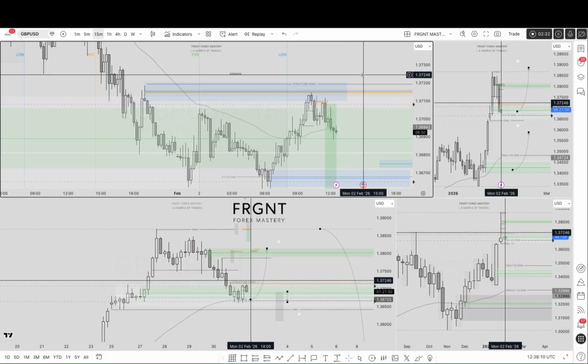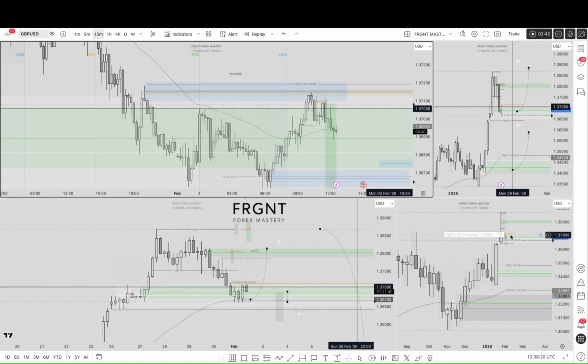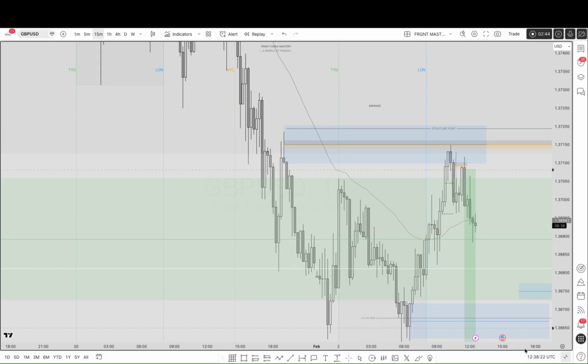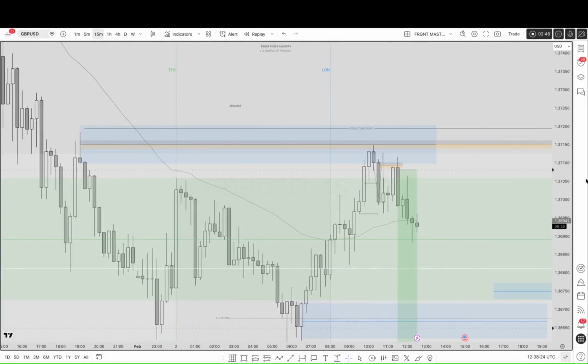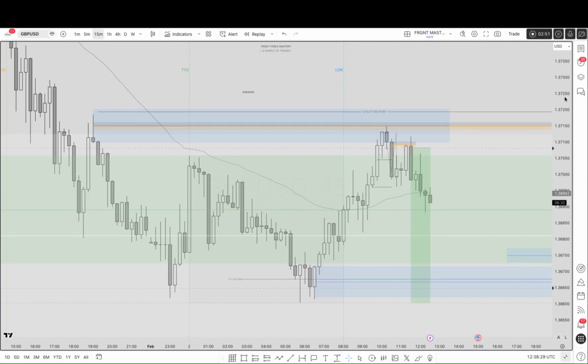Now, the Asia range setup, as I've said previously, I won't go too much into it, but if you're looking to take a deeper dive into what is offered in Frgnt Mastery, then please do take a look. The Asia range setup is specific only to the 15-minute and the 1-minute time frame, and it is a stand-alone strategy that can be traded simply by itself across the pairs, as I do, or you can mix it in with your other higher time frame directional bias setups, as again I do, as you can see by the higher time frame order blocks and GAN boxes on my chart.